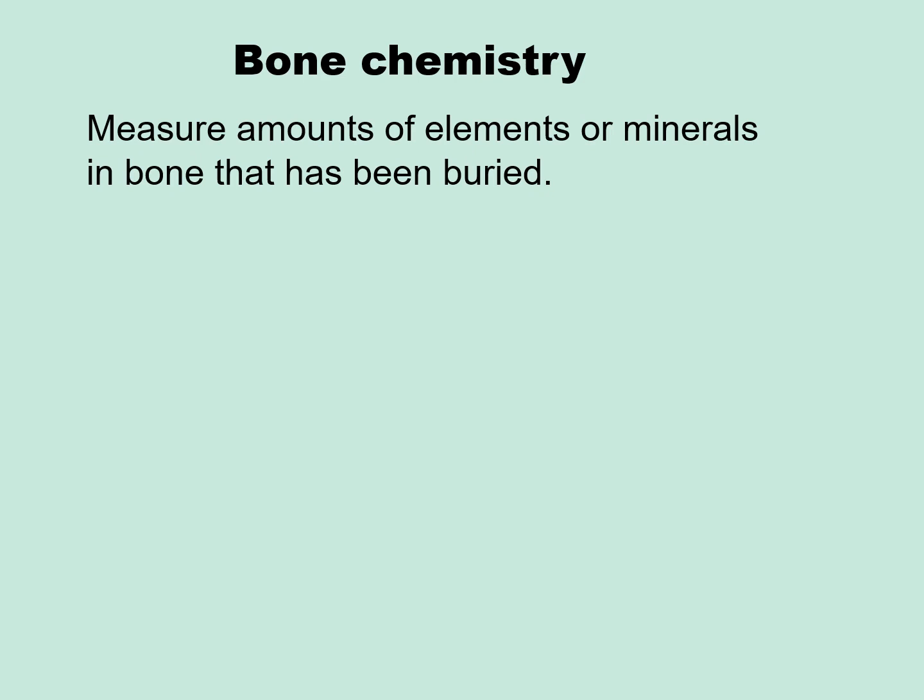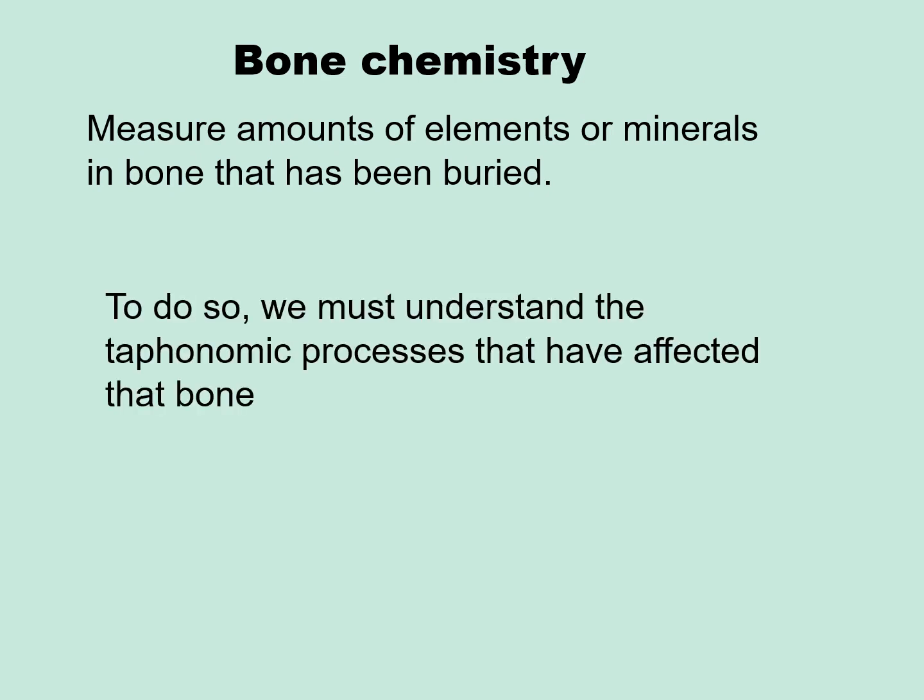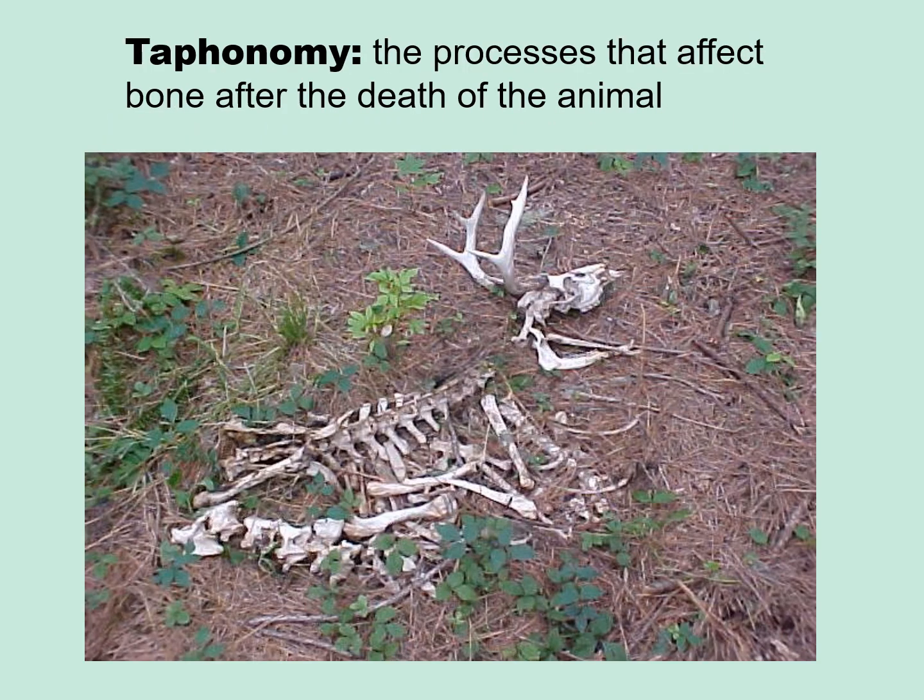Okay, the third type of relative dating technique I want to talk about is bone chemistry. And this measures the amounts of elements or minerals in bone that has been buried. Now, to do so, we need to understand the taphonomic processes that affect bone. So taphonomy refers to the processes that affect bone after the death of the animal.